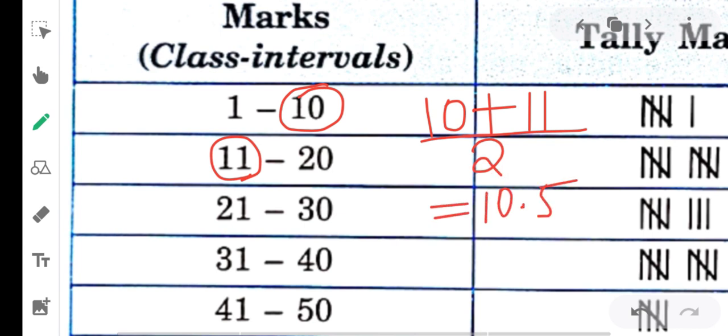So 10.5 will be the upper limit of this class and 10.5 will be the lower limit of the subsequent class.